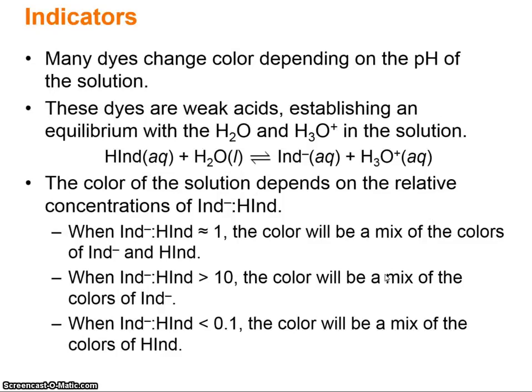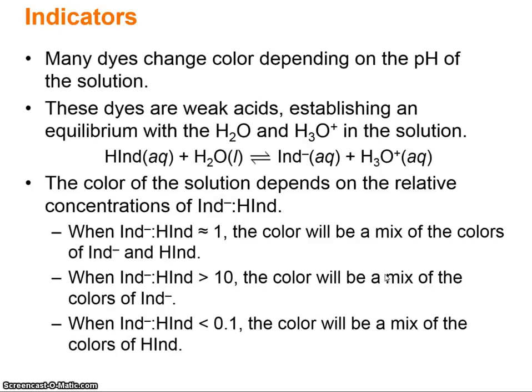So many dyes change color depending on the pH of the solution. That's actually one of the ways that they do those color changing cups and plastics, right? You get the Freezy cup, and it goes from like white to blue, or like you put it in solution, it goes from like orange to green or something.